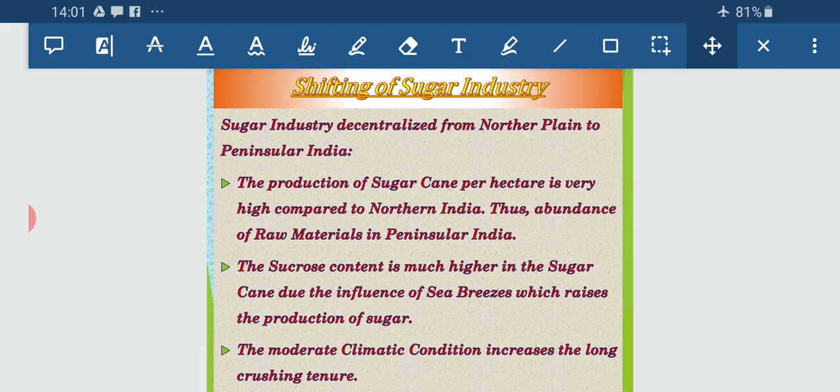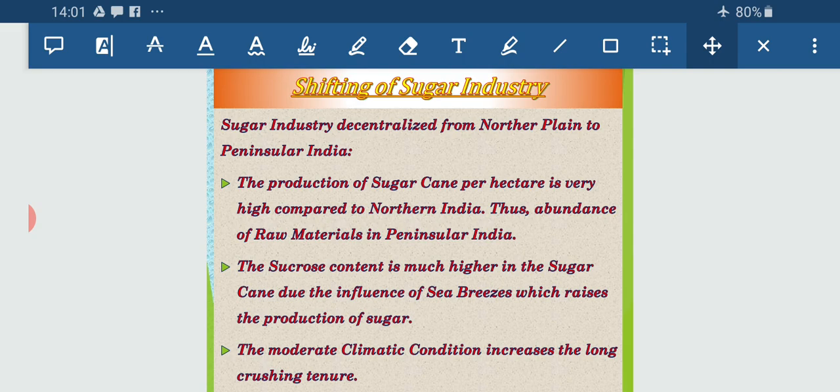So they cannot concentrate on one crop throughout the year. As a result, though 60% of the mills are localized over there, nowadays there is a tendency to shift the mills from northern India to southern India because of the cooperative nature of the sugar mills sector. That is one reason.